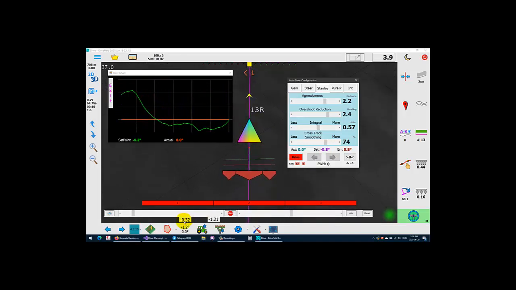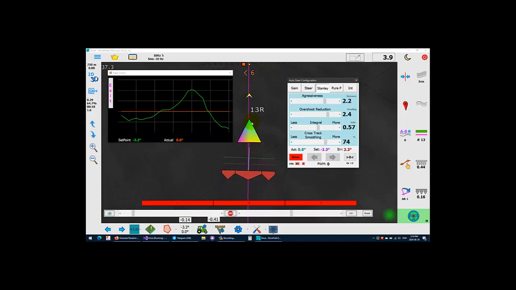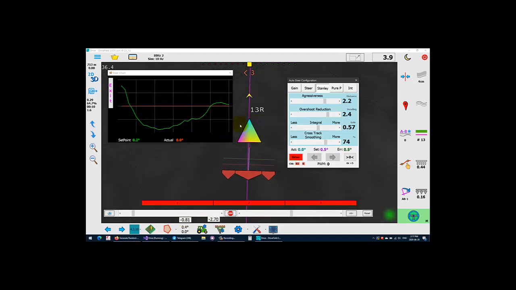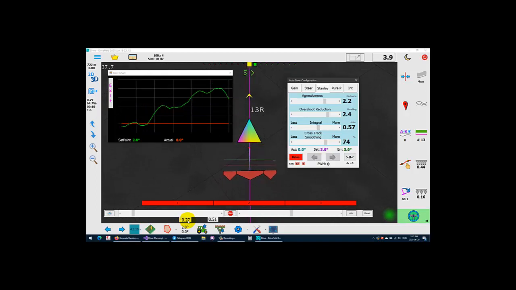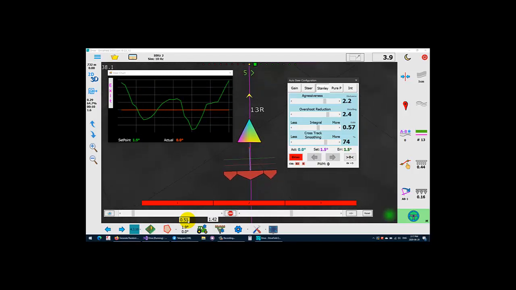So that's why, going towards the line from either direction, you want kind of a slow integral. But if you're already on the other side of the line and you're pointing the wrong way, you really want to decrease that integral fast. You can't really do the normal anti-windup where you set a limit, because like in my original video there, we needed 10 degrees to get back on the line.